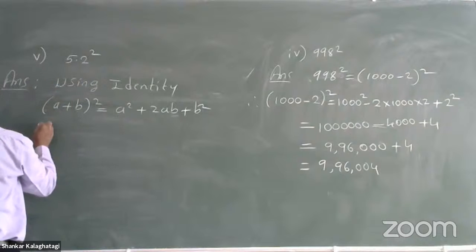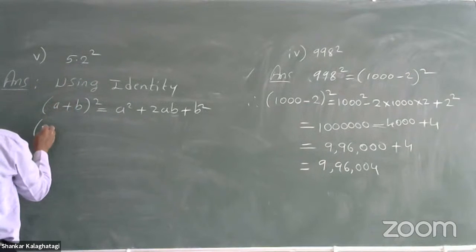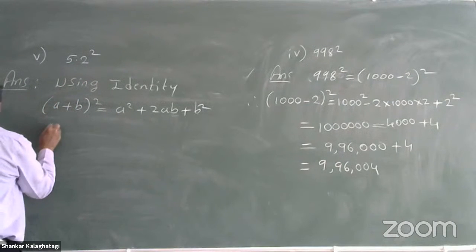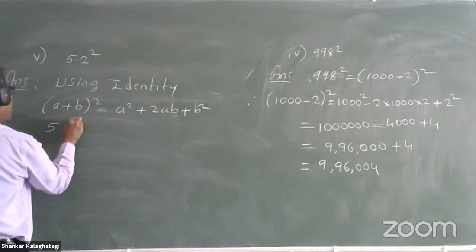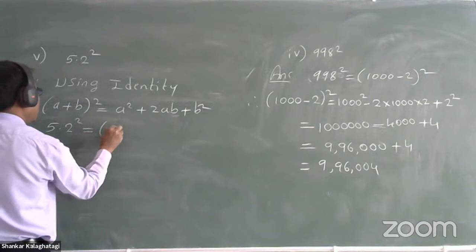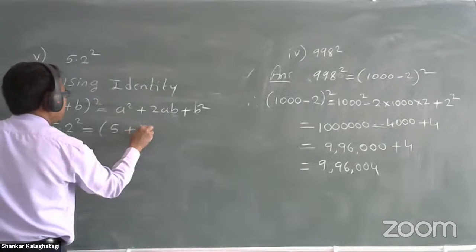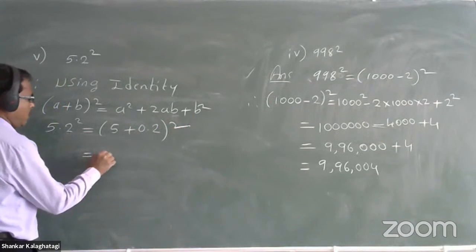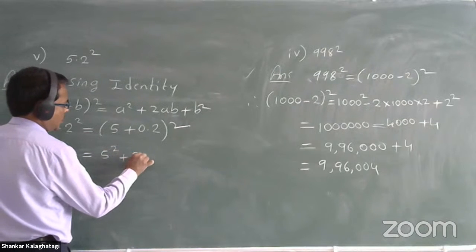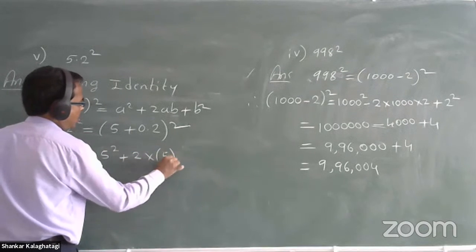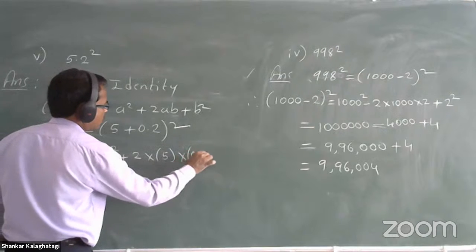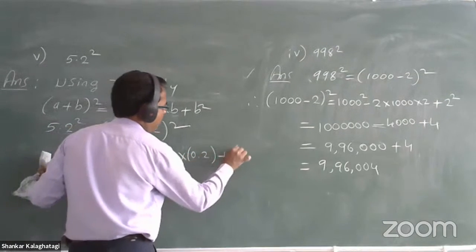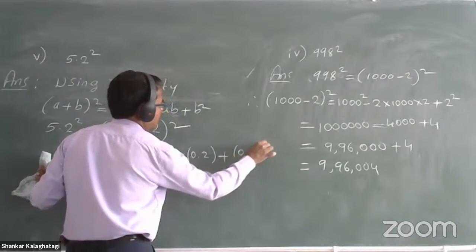Now this one, a square plus 2ab plus b square. How will you write this? 5.2 bracket square, equal to, how can you write this? 5 plus 0.2. So first term square, 5 square, plus 2 times 5 into 0.2, plus 0.2 bracket square.